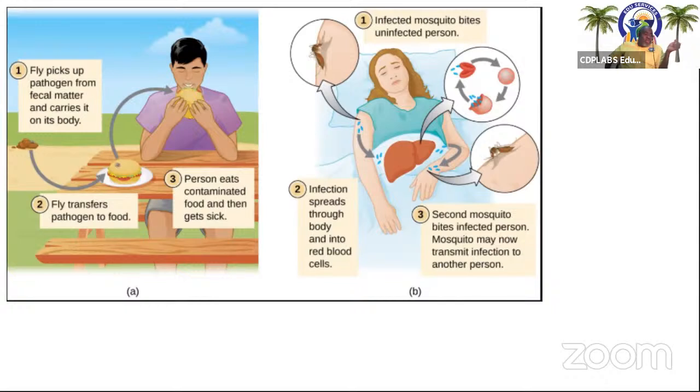The fecal matter could probably be a carrier too, because anything that hosts the pathogen can also be recognized as a vector. And then the person eats the contaminated food and gets sick.